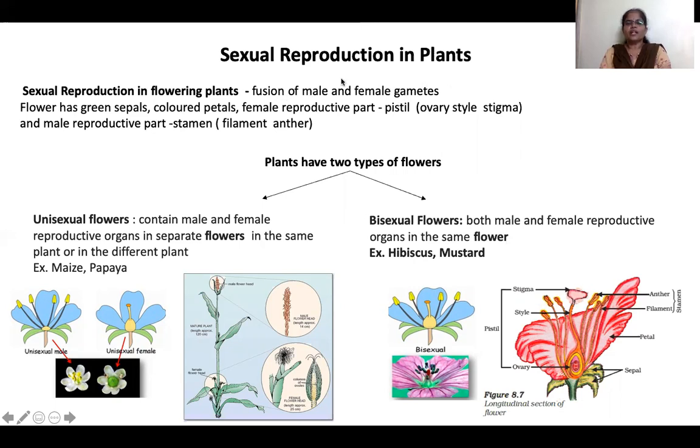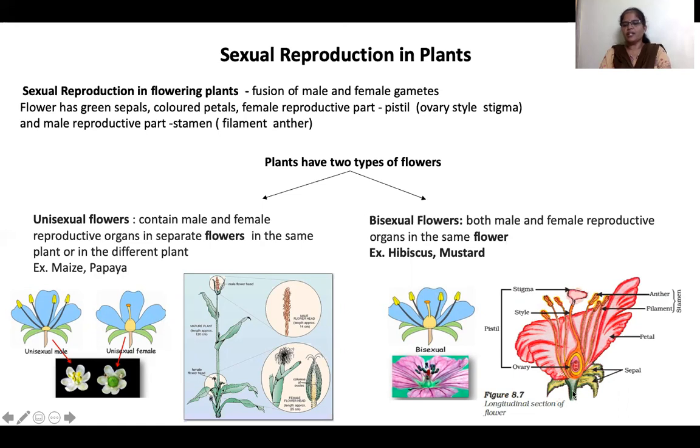Usually this occurs in flowering plants. The flower itself acts as a reproductive organ. Why flower? This is the structure of the flower: sepals, which are green in color.